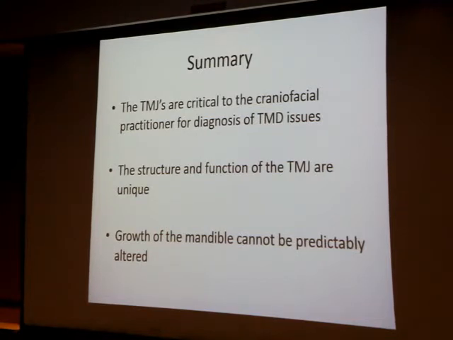But it is a really, really important and fascinating joint to study. Knowing the structure and function obviously helps you better understand the growth. And the last part that I want to leave you with is the fact that the growth of the mandible is not under operator control the way we would wish. Any questions, any discussion about any of the cases or anything at all?